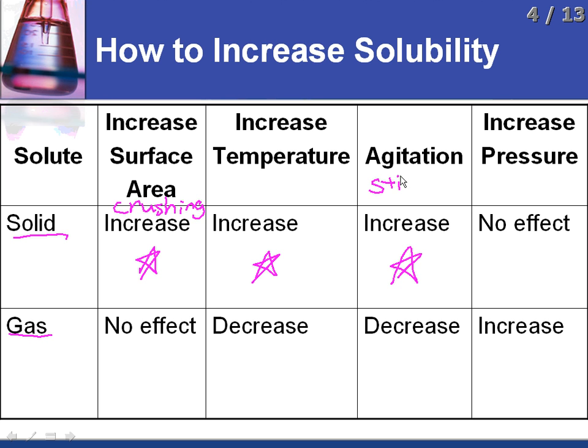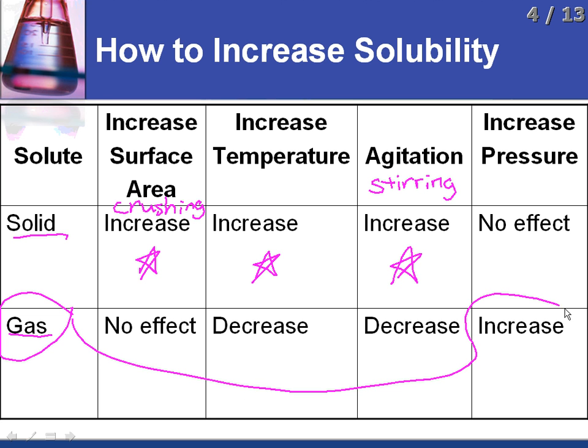Stirring or agitation will increase the rate of solubility. When it comes to gases, the best way to increase the rate of solubility of the gas is to increase pressure. So remember, for solids, crushing, heating up, and stirring. That's how you increase the rate of solubility for solids.